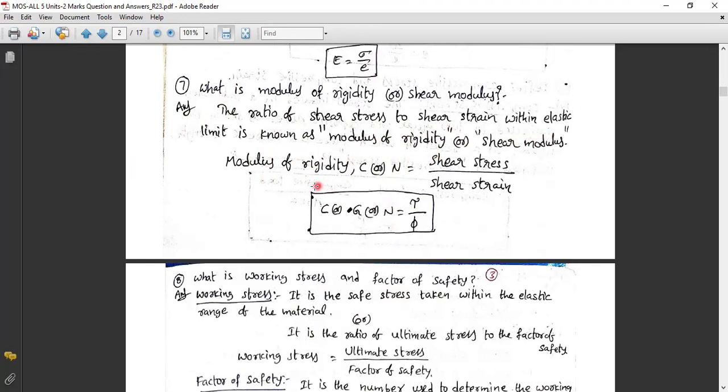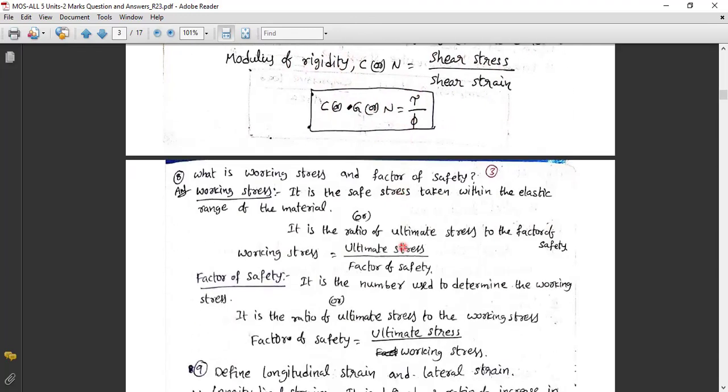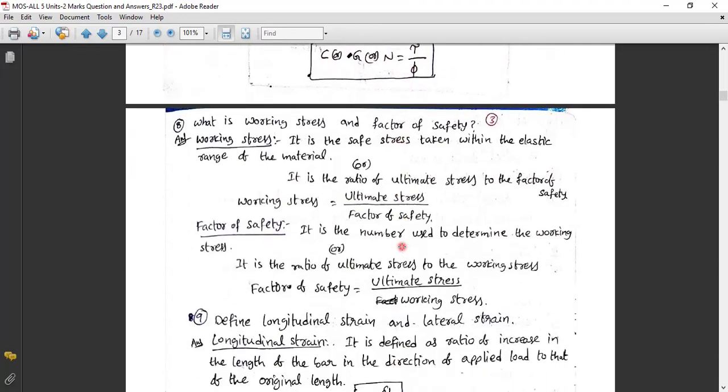It is represented by C, G or N. So C is equal to shear stress upon shear strain. Shear stress is represented by tau and shear strain is represented by phi. So this is the definition for that previous question.